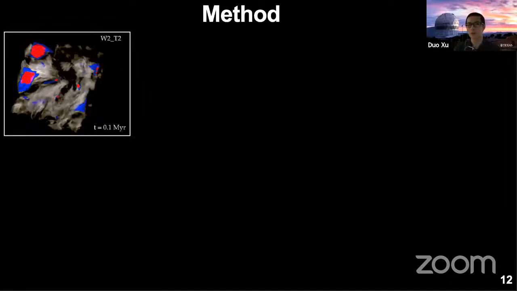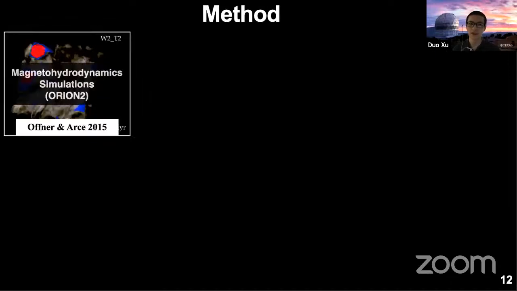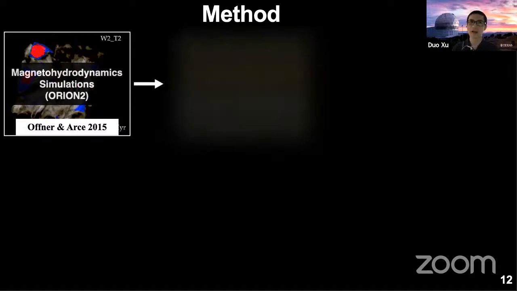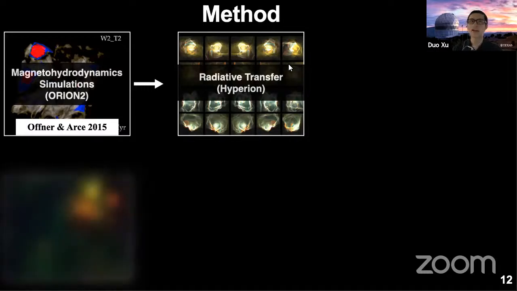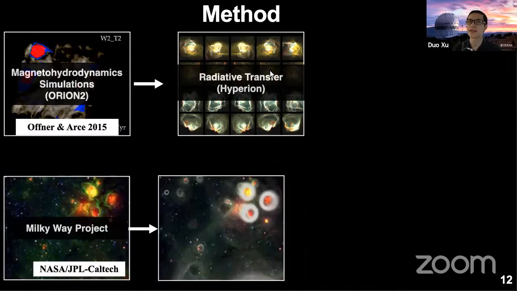We started with McGill hydrodynamic simulation, which models the driving stellar winds in a piece of a molecular cloud. Then we conduct dust radiative transfer to generate dust emission of bubbles in the Spitzer bands. And this is part of our training set.